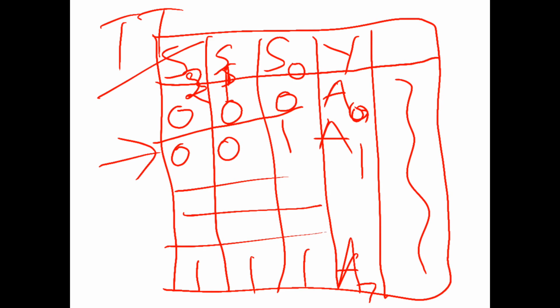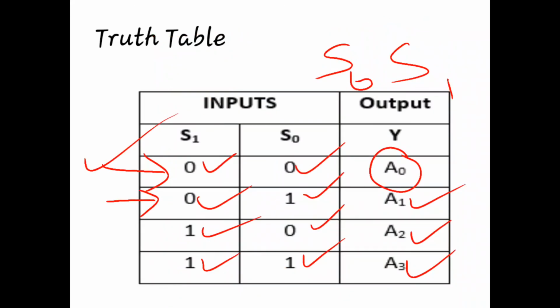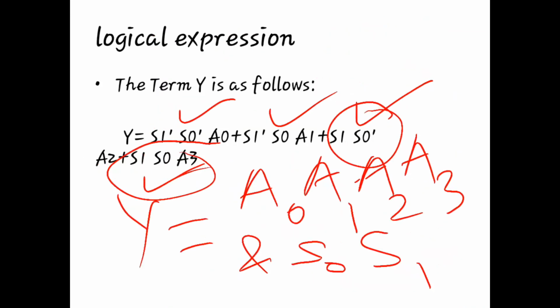Now what will be the Boolean expression or logical expression for this one? It is again easy to write, just like 4 by 1. The only thing required here is that now we have to introduce the third select line variable, that is S2 here, and along with that we will have to add 4 more input lines.